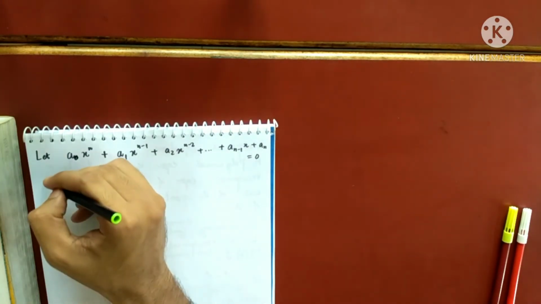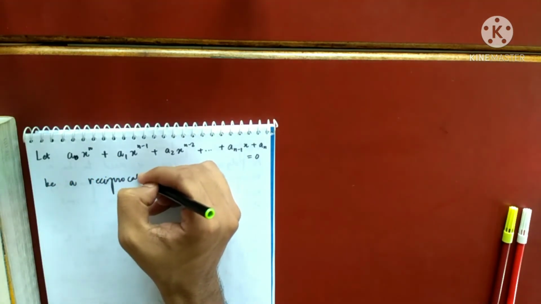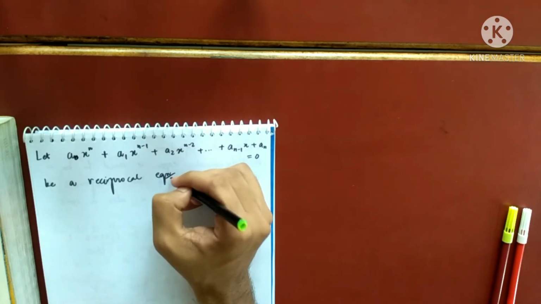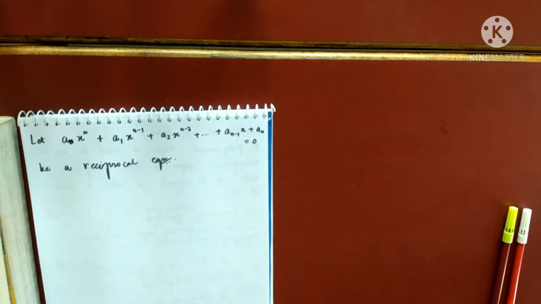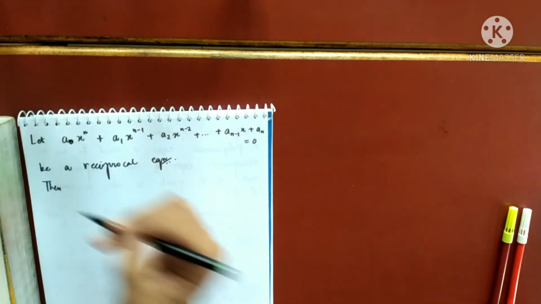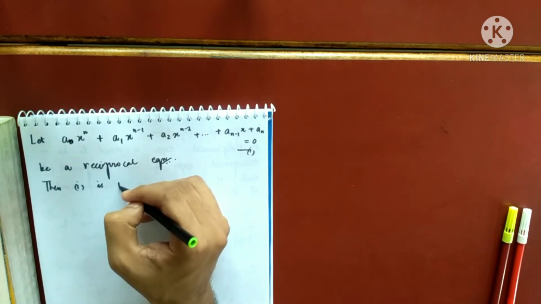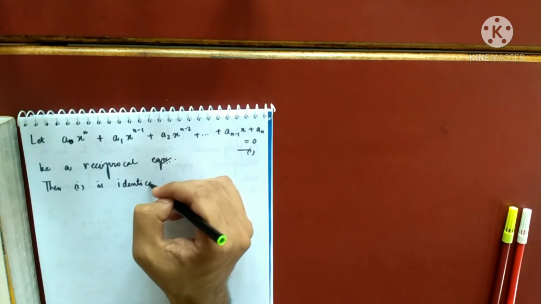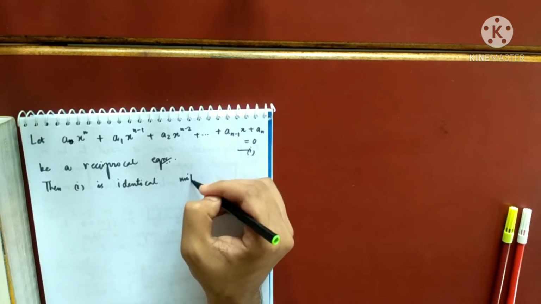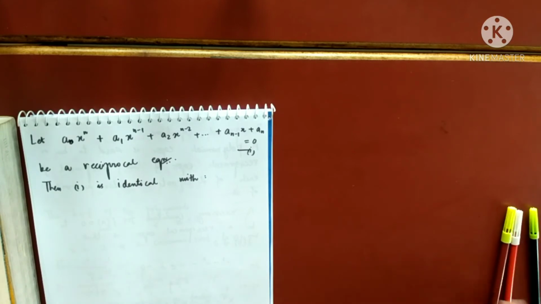So now let this be a reciprocal equation. Okay. So it must be identical to the equation whose roots are the reciprocal of this root. So let us write that equation. So then if we call this as 1, then 1 is identical with this equation.